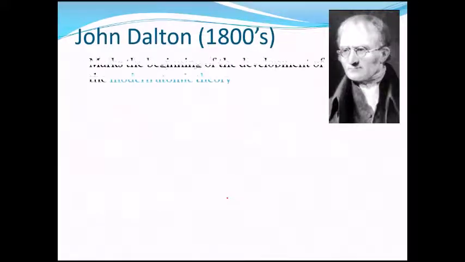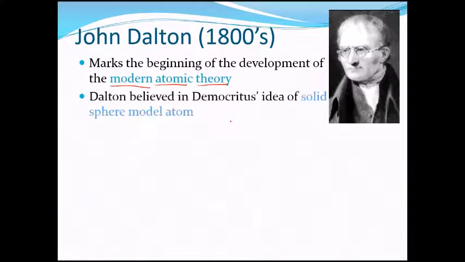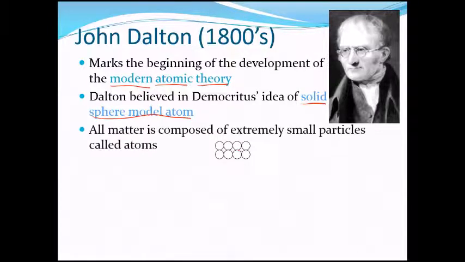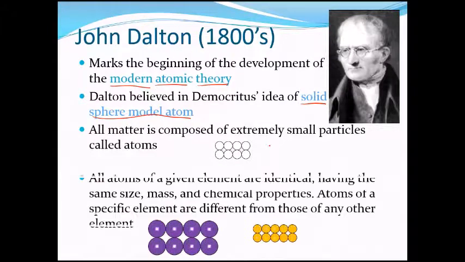All right, Dalton also didn't have a lot of technology or a lot of experimental data, but he did think about things and study. So the modern atomic theory really starts with John Dalton. And he also thought of the solid sphere model like Democritus. All matter is composed of extremely small particles called atoms.